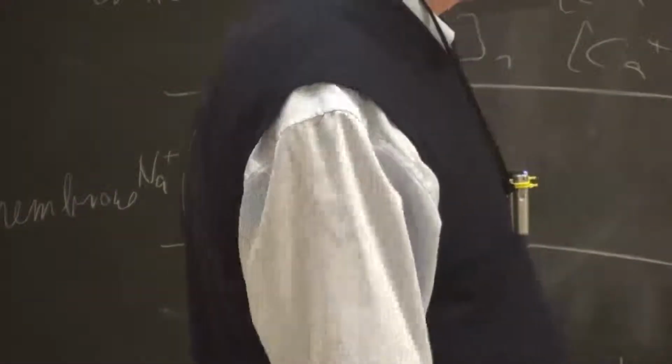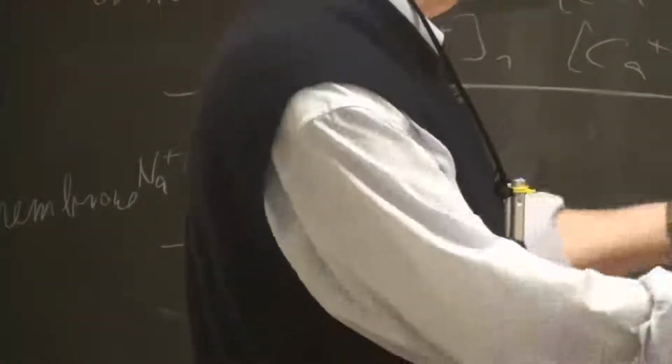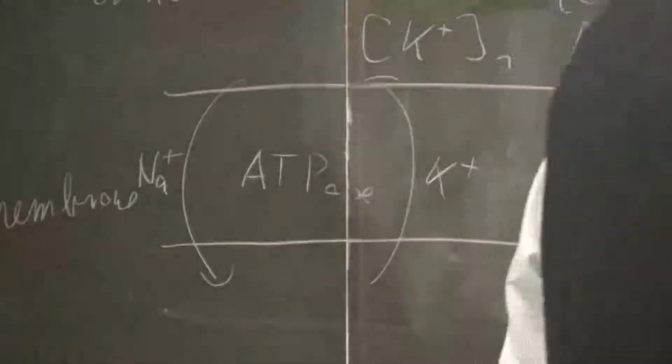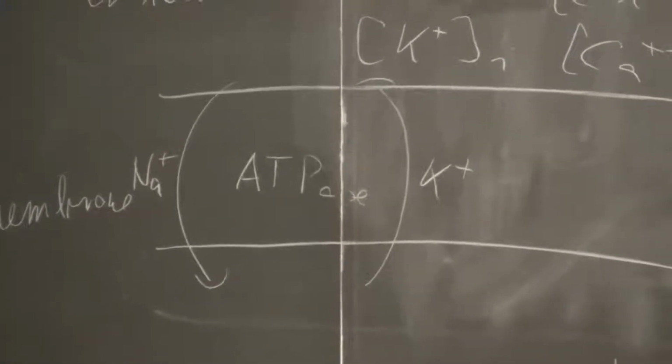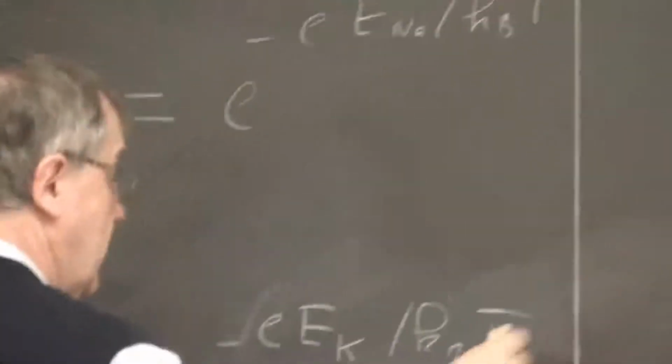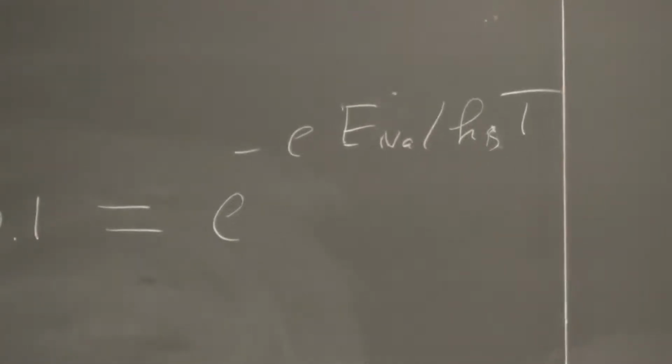So E is here not energy, but our electrical voltage difference. And so here we have then e to the minus E sodium divided by kBT. And this way, we generate this difference. So we have a battery.